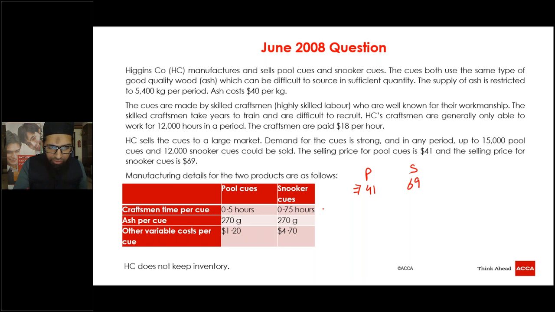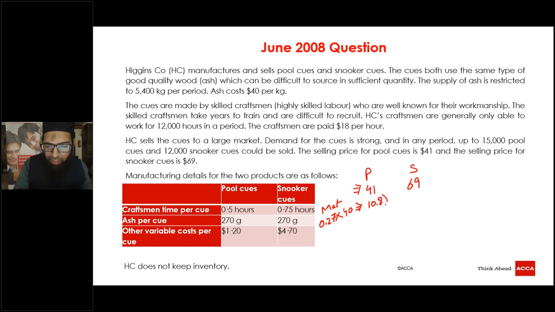The material cost is, we require 0.27 kg of material and the cost is $40, so this will be 0.27 into 40. It will be 10.8.